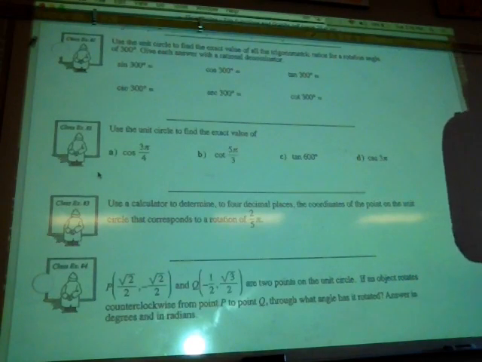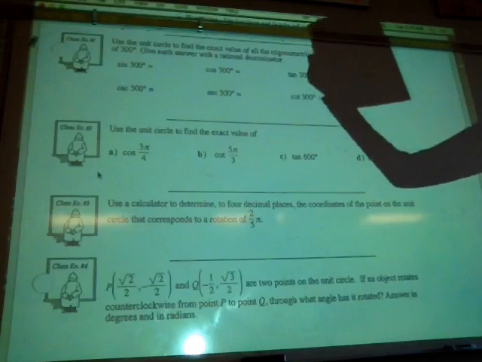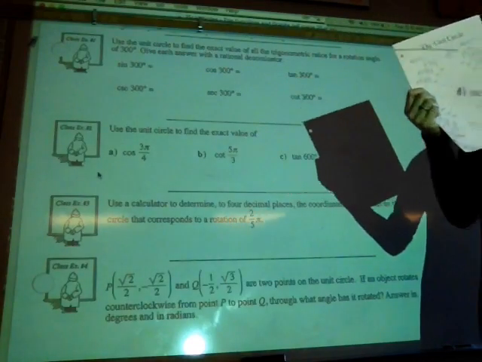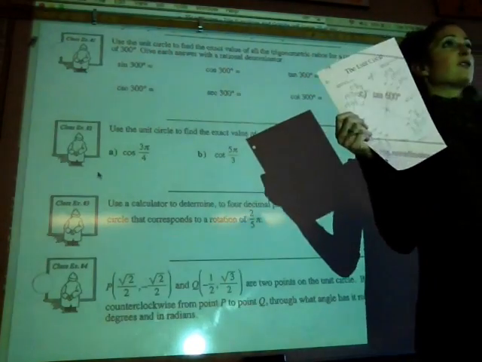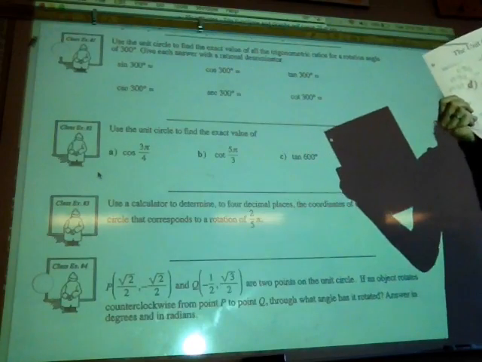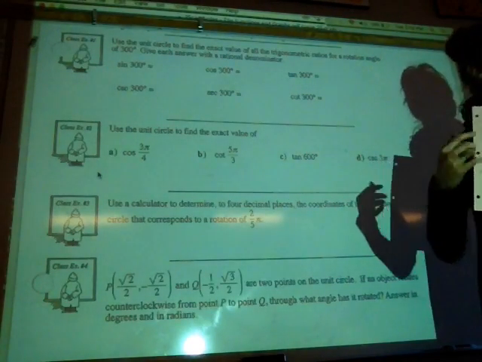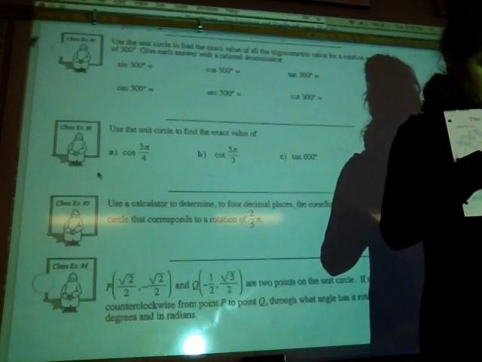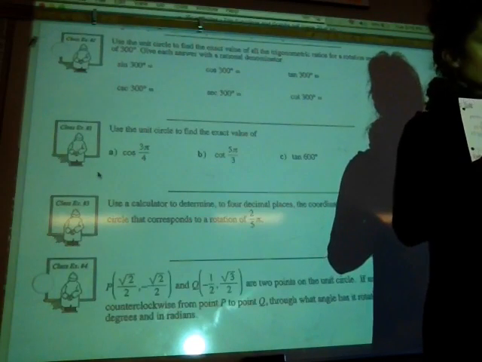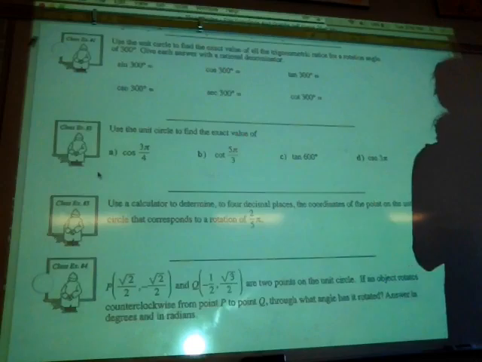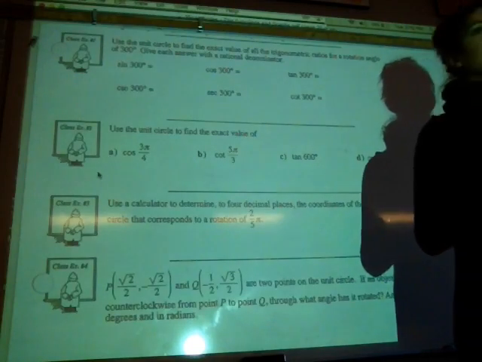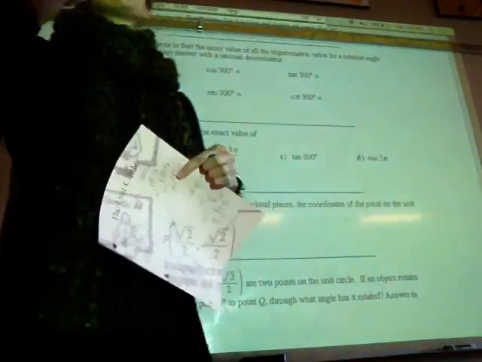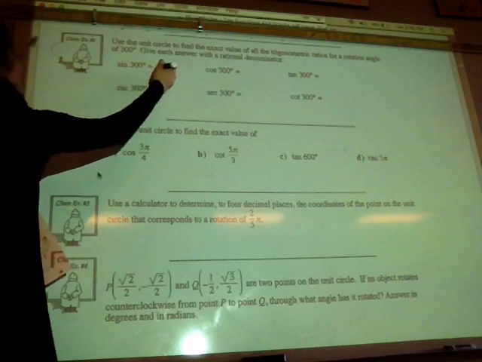So for sine 300, what we're going to do is we're going to use our unit circle. So you guys have the cheat sheet in pink or your own cheat sheet that you created. Hopefully it's right though. Okay, and I want you guys to go from 0, and we're going to go all the way to 300. Okay, right here. Sine, what letter is it from an ordered pair, x or y? Okay, it's the y coordinate.